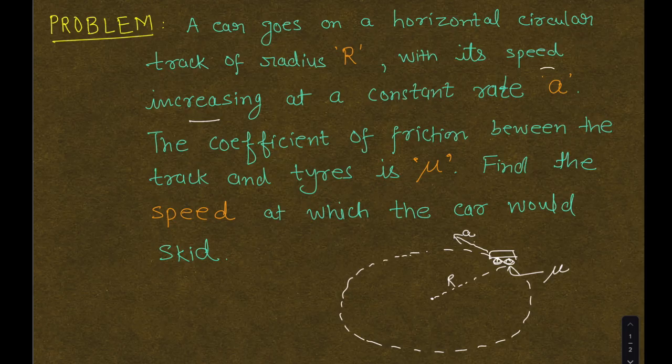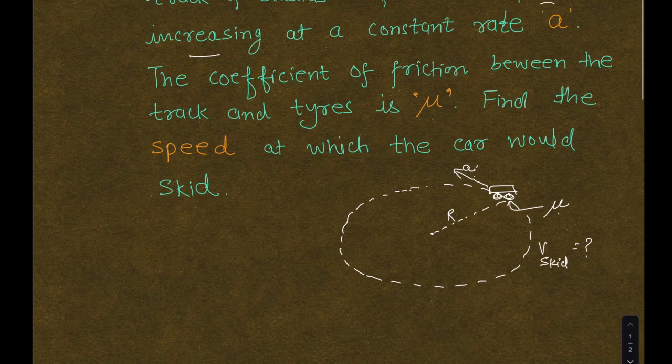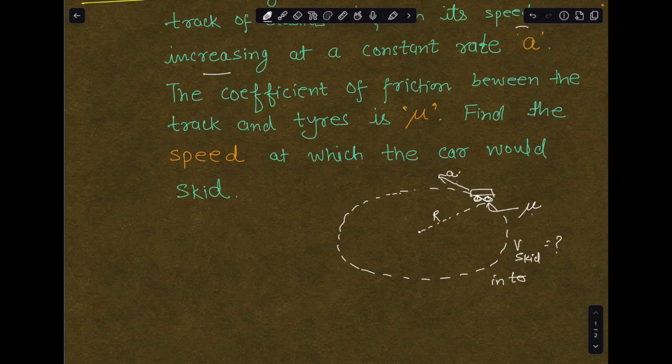Given the radius of the circle, the coefficient of friction, and the acceleration, we need to find the speed at which the skid would happen. So v skid is what needs to be found in terms of a, r, and mu.